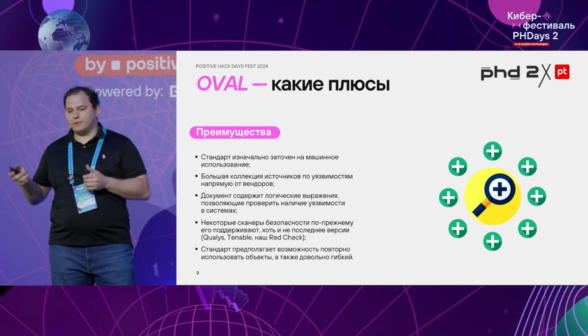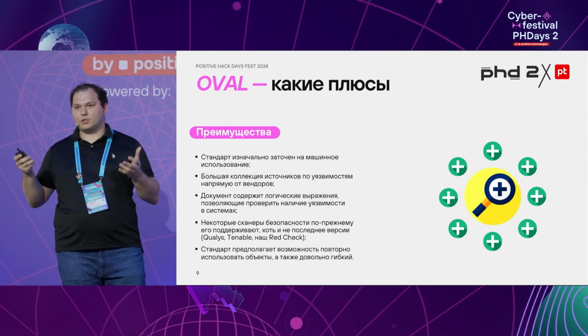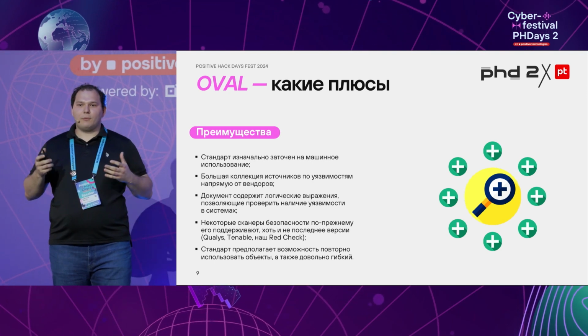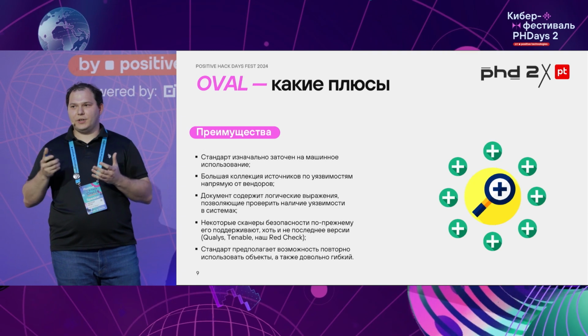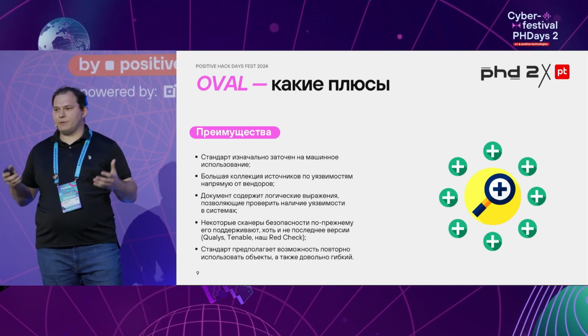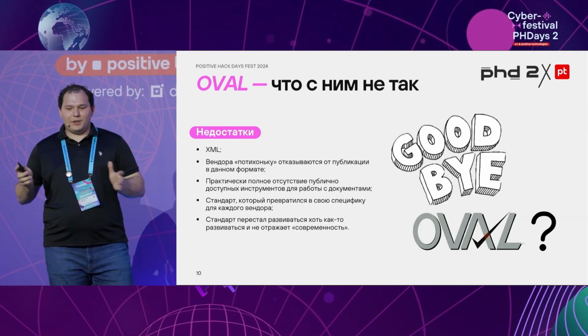It's machine readable, and it can automate our activities. Many vendors publish this information, and we can use OVAL. And so we have some logical support to check this. So the vendor provides this to us, and this makes it easier for us to automate our process.